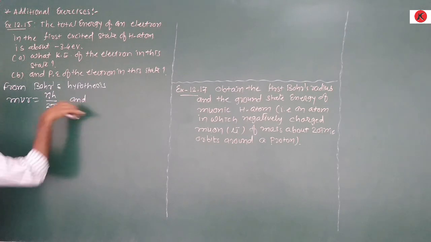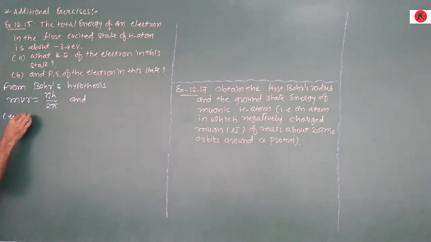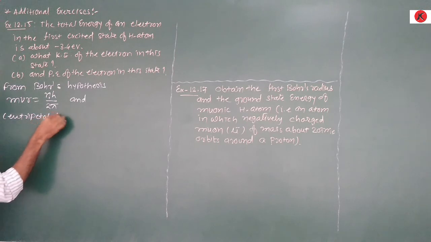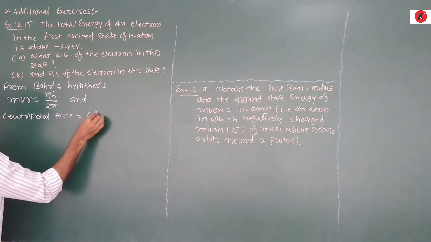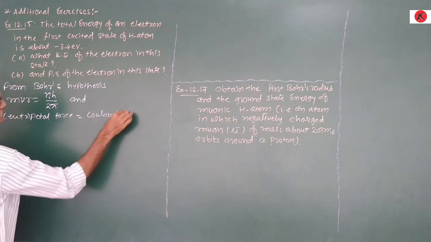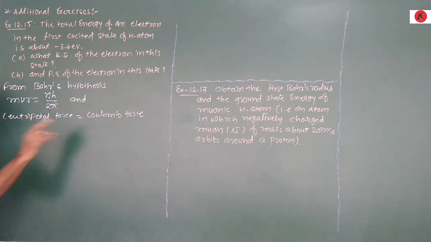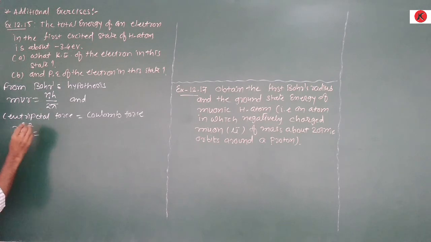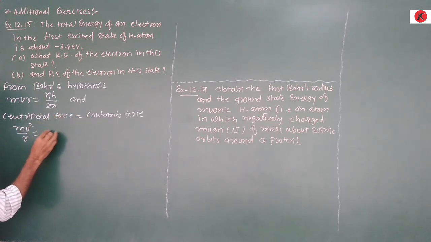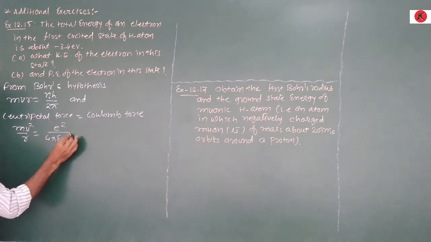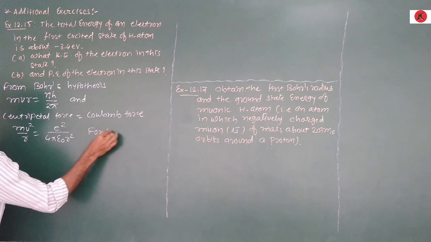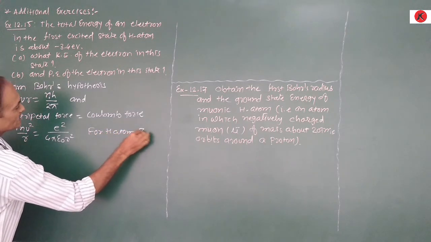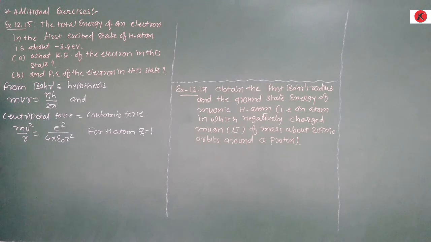And also we know that centripetal force is equal to the Coulomb force exerted by the nucleus on the electron. Therefore, centripetal force mv square upon r is equal to the Coulomb force of attraction, Z e square upon 4 pi epsilon 0 r square. For the H atom, Z is equal to 1.